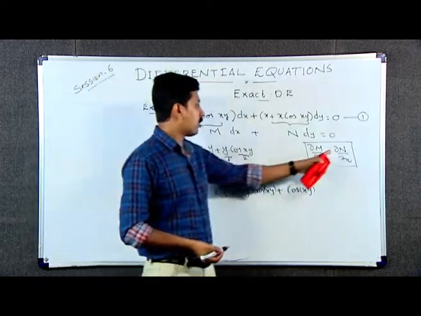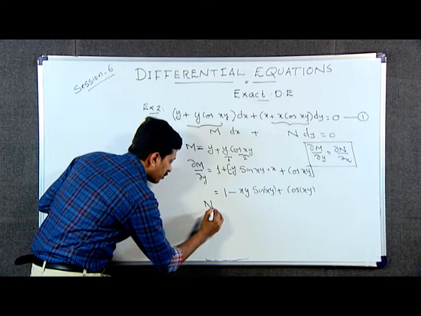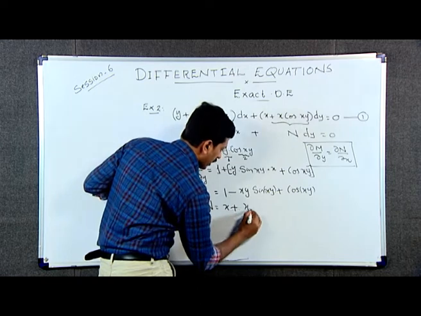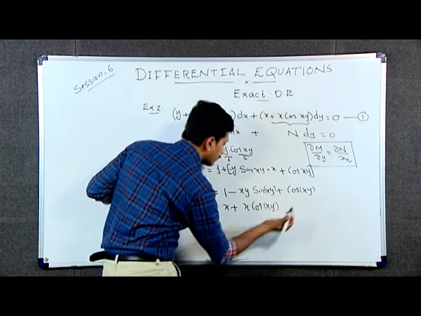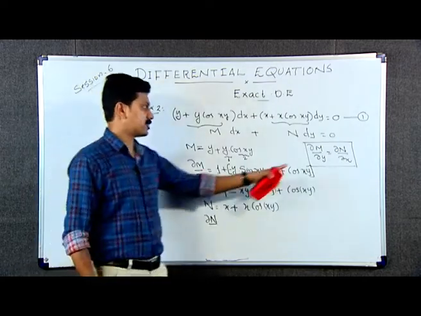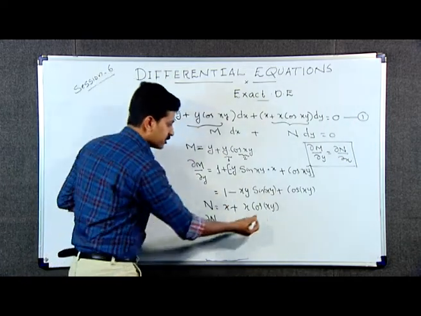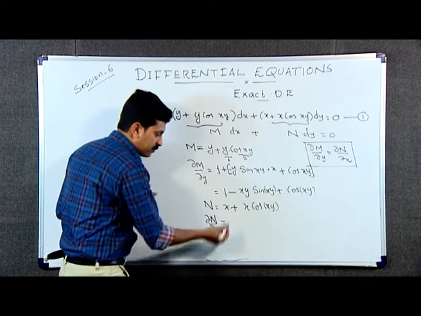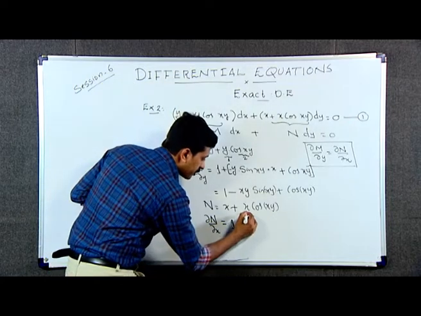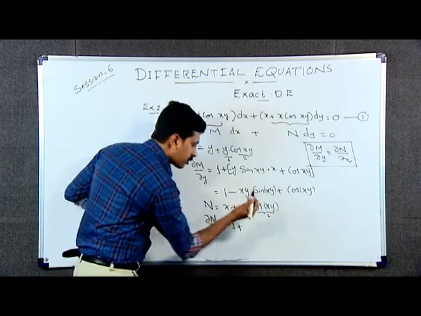Now we have to check dou N by dou x. We have N equal to x plus x cos of xy. Now we are partially differentiating N with respect to x. While partially differentiating with respect to x, we treat the terms of y as constants. The derivative of x is 1, and as in the previous part, I am treating the first function x and the second function cos xy, so we are using the product rule here.